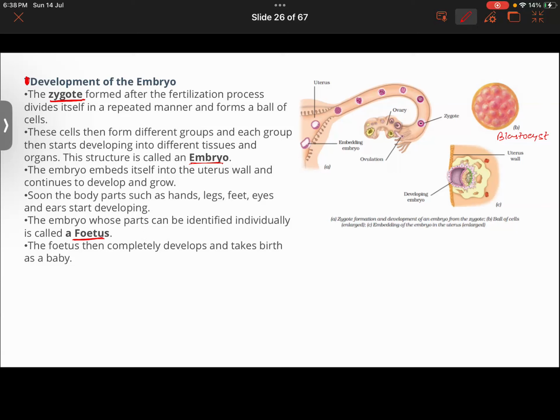Okay. What about the embryo? It has multiple cells, and it has an unidentifiable shape. Basically, it is the unborn baby in the early stage of development. Good.